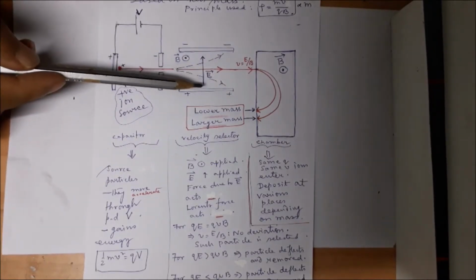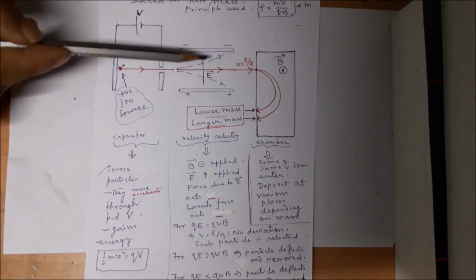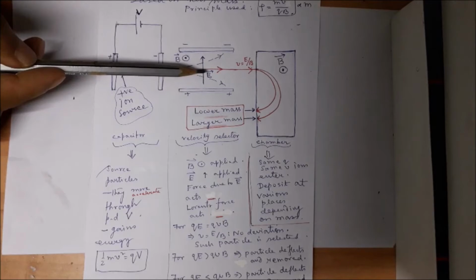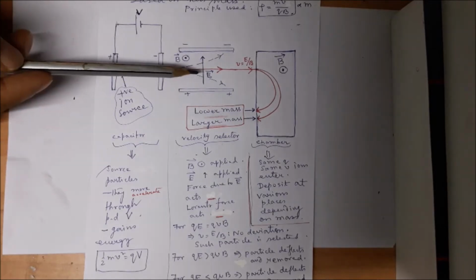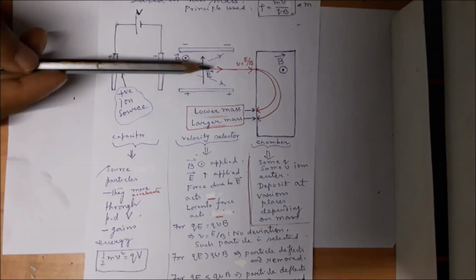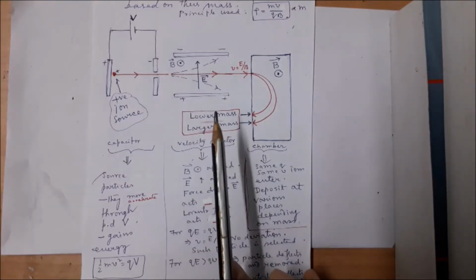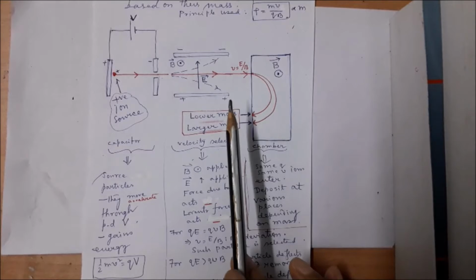So, E is from plus to minus, but the Lorentz force is from minus to plus, that is, the Lorentz force opposes the field. So, the magnetic force and the Coulomb force are oppositely directed. Clearly, we will have three types of particles depending upon their velocity.